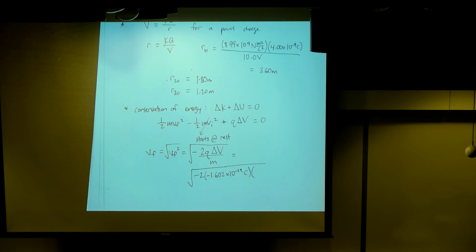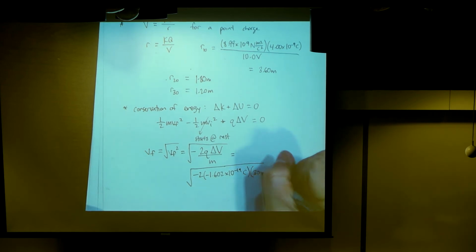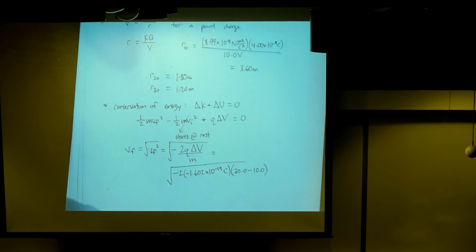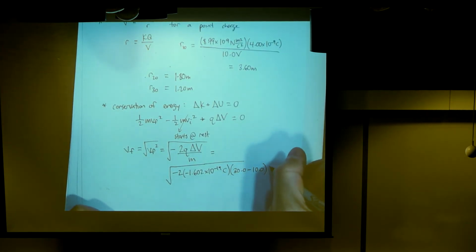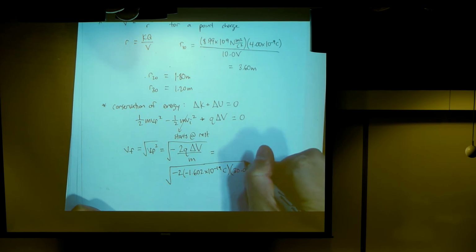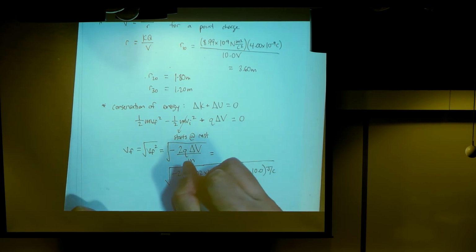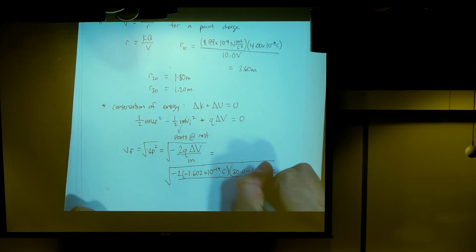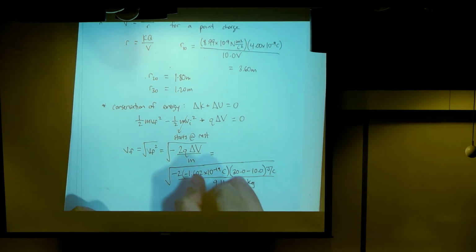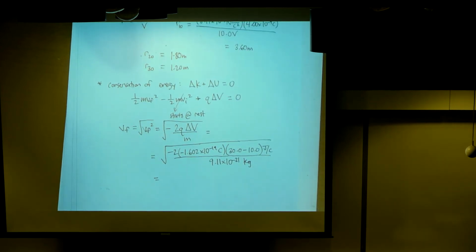So 30 minus 10 is our delta V. Now that's measured in volts, right? But remember, a volt is a joule per coulomb. So that is a useful way of looking at it because we see the coulombs will cancel. Now divide that by the mass of the electron, which is 9.11 times 10 to the minus 31 kilograms. And someone crunch those numbers for me.